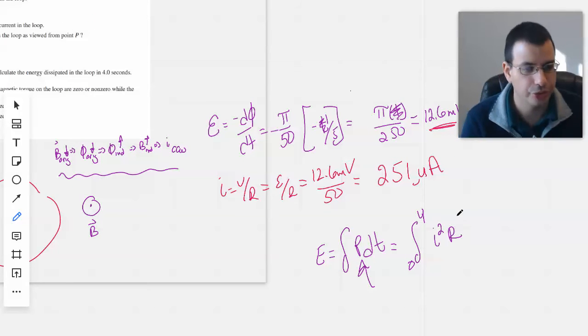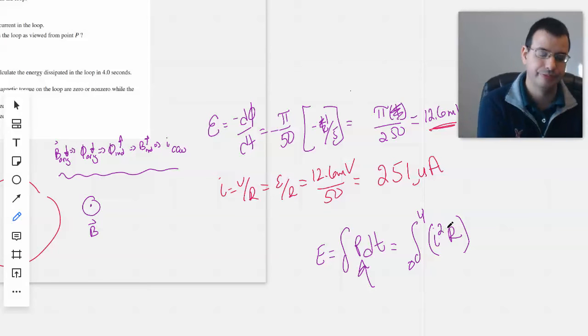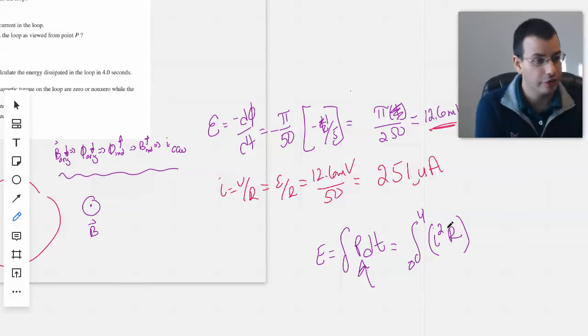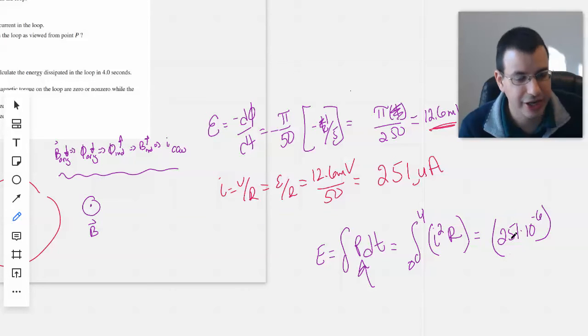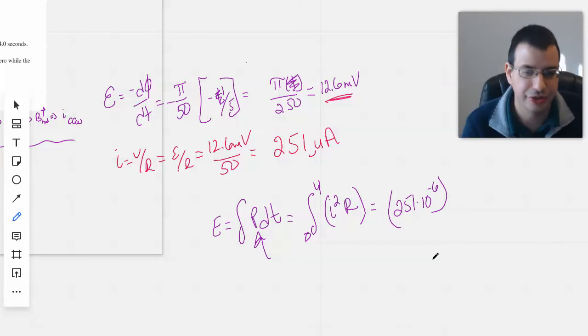You could also use V squared over r. I'm going to use I squared r, which is 251 times 10 to the negative 6. This is going to be not very many joules. Times 50.